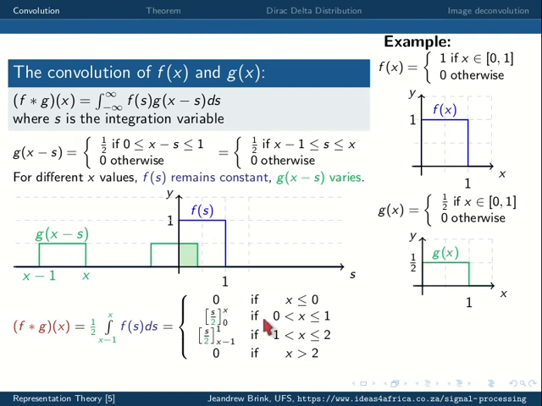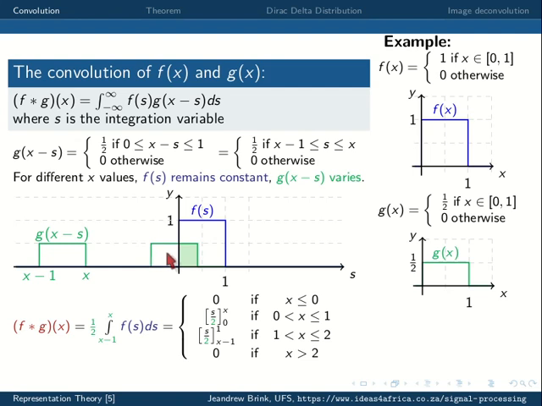If x lies between 0 and 1, in other words, if this leading edge intrudes on your function, then you integrate s from 0 over here to the leading edge x. What you integrate is the function, which is just 1 times the half that comes from g. So the answer is simply s over 2 evaluated at 0, the one boundary, and at x, the second boundary.